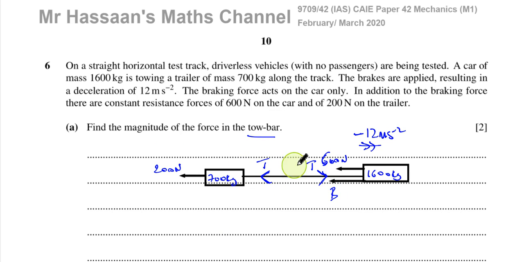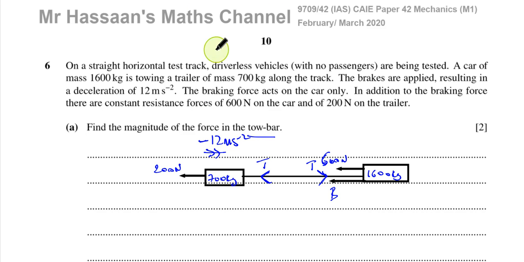However, if I consider this particle by itself, I know that its acceleration, as it's one particle moving, it's like one system moving with the same deceleration. If I consider this by itself, then I know all the forces acting on it except for the thrust, and I can find the thrust. So that's probably the easiest way to deal with this situation in this particular case.